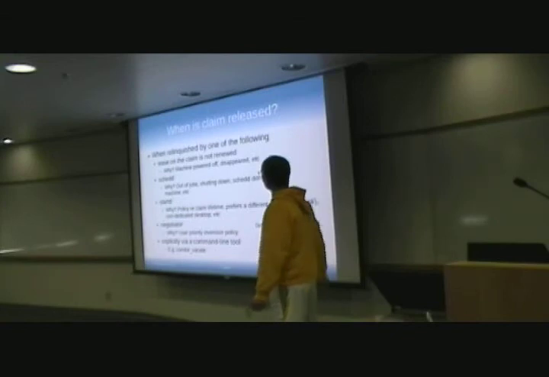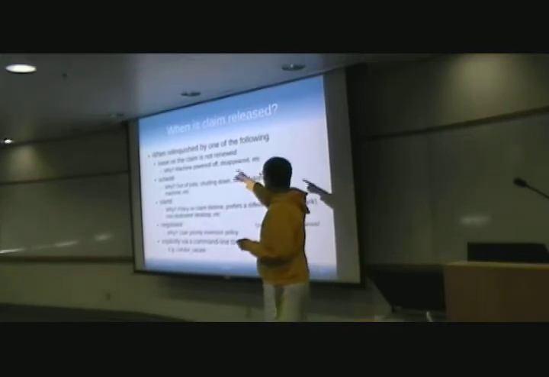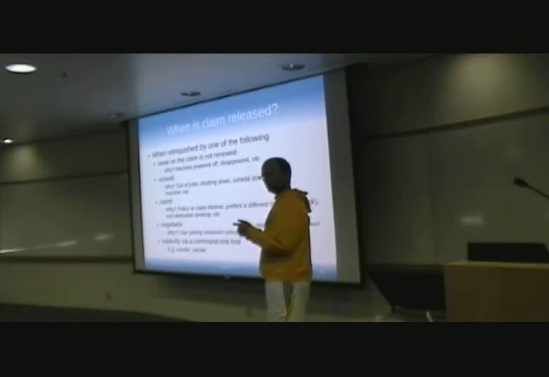So, when will the claim be released? At least if the lease is not renewed, for example, if the machine is powered off, the daemon dies, everything is leased, it's temporary.